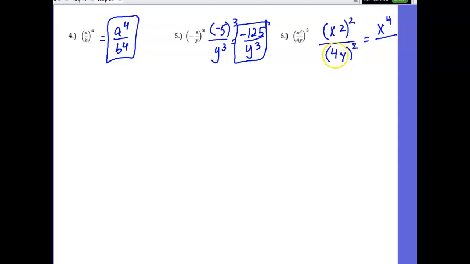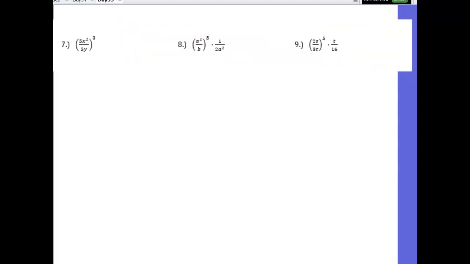And now the denominator, we would have 4 squared, which is 16y squared. Now number 7, this one would become 5 to the third power, x to the 6th power, and the denominator, 5 to the third power, y to the third power. 5 to the third divided by 5 to the third would cancel out, and we'd get x to the 6th divided by y to the third.